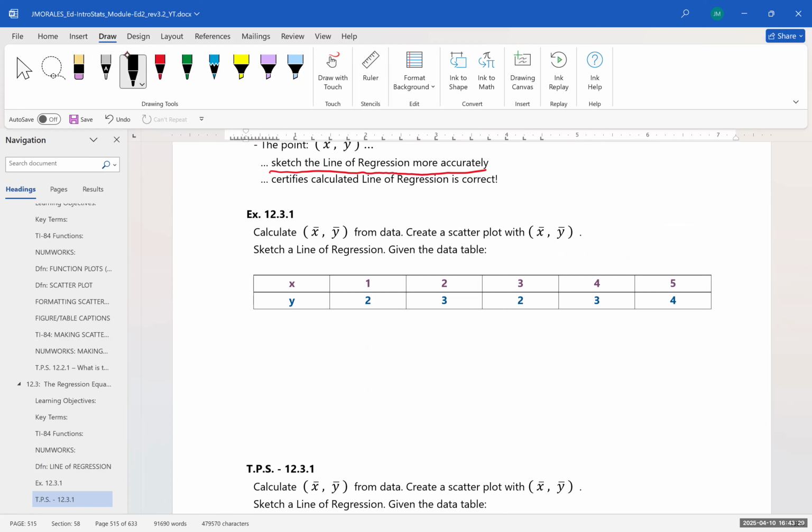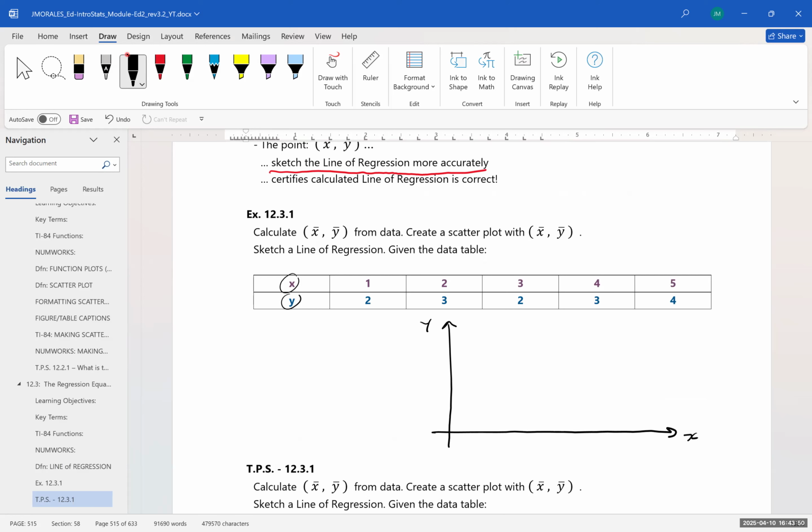Looking at this first example, we have our list of X values and Y values. First off, I'm going to do a couple of things. First, I'm going to make an X and a Y axis here.